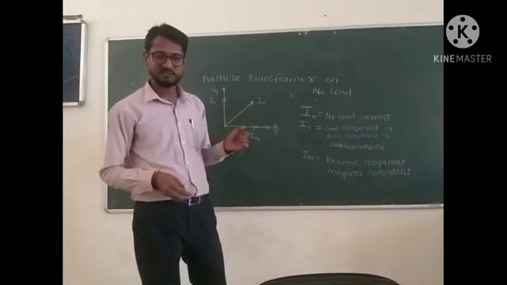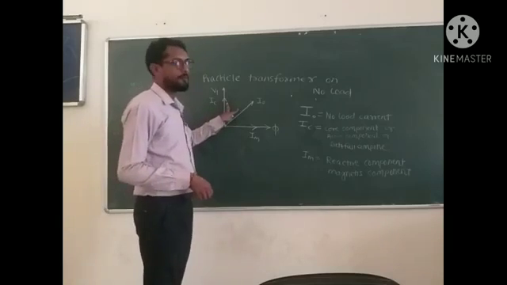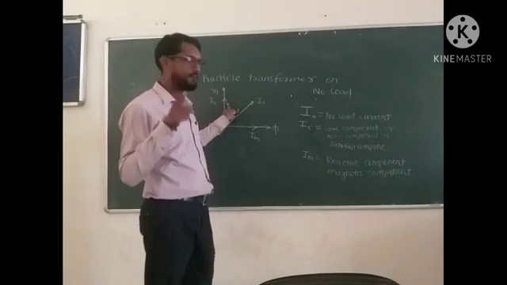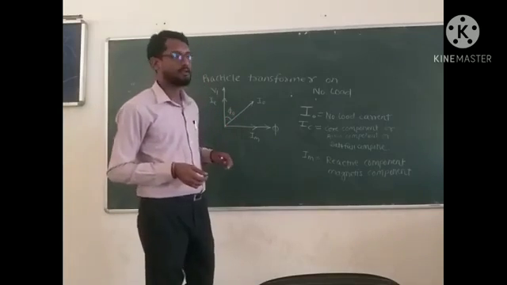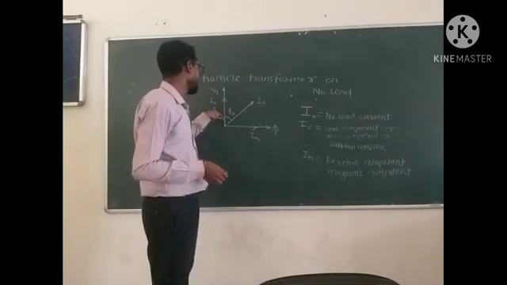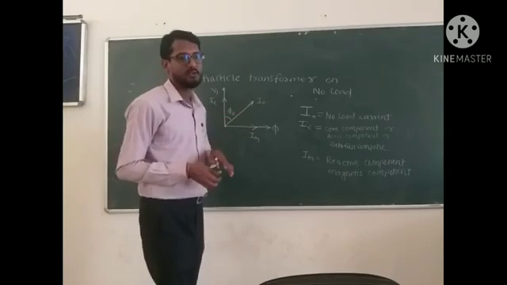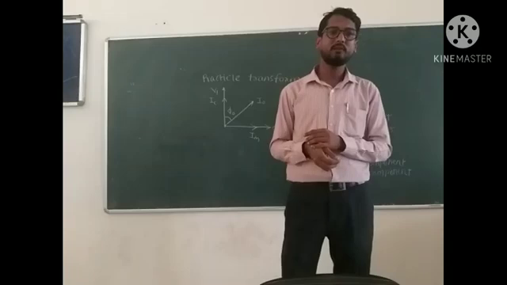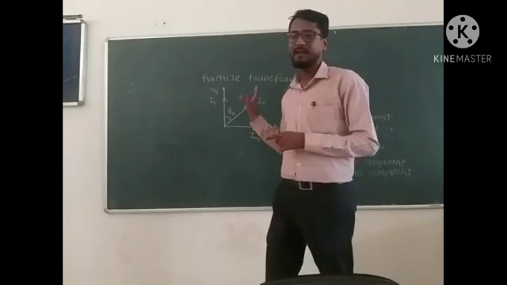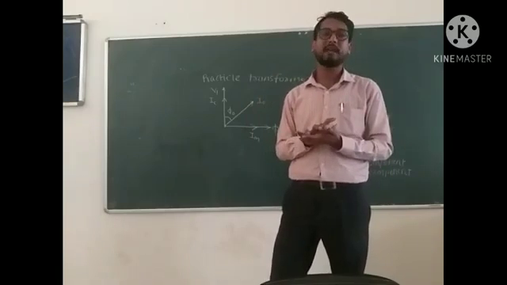The resultant of these two is I0, and I0 makes angle phi 0 with V1. That means I0 lags V1 by angle phi 0, where phi 0 is the no load phase angle.